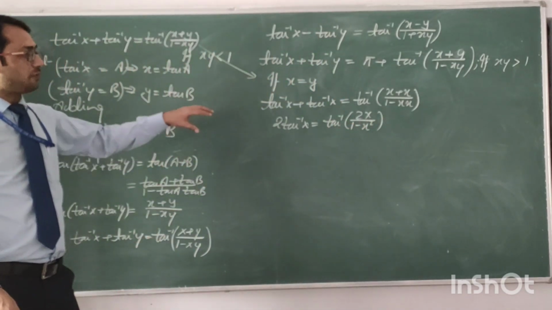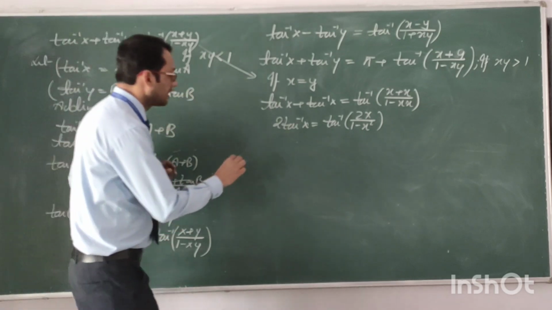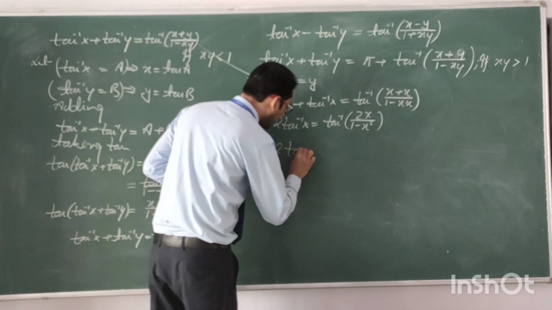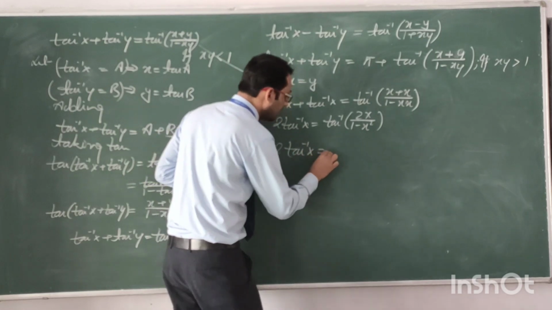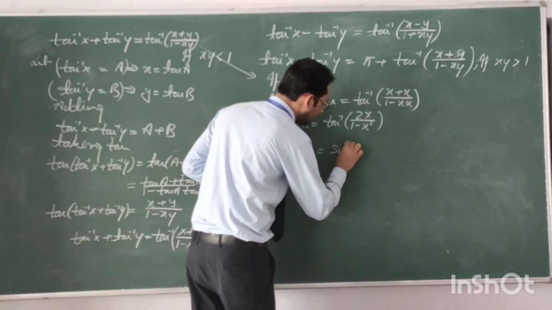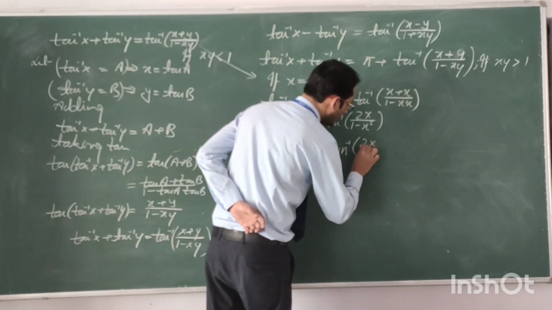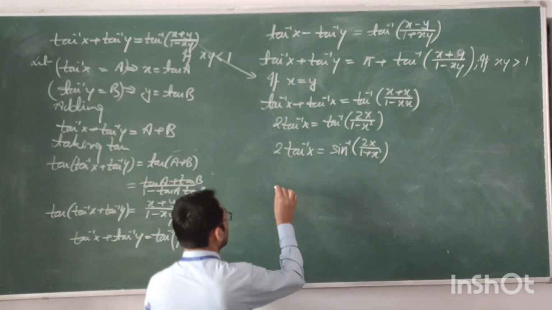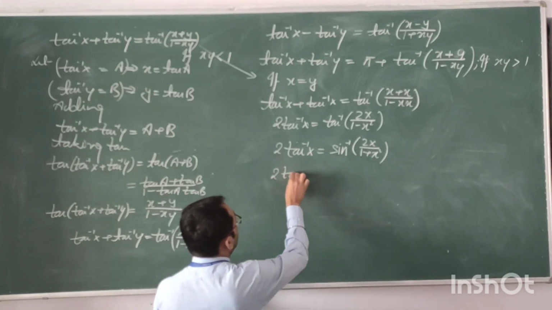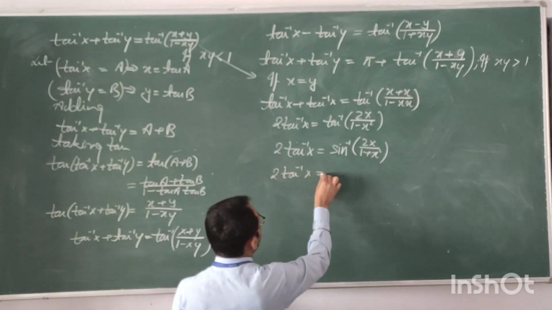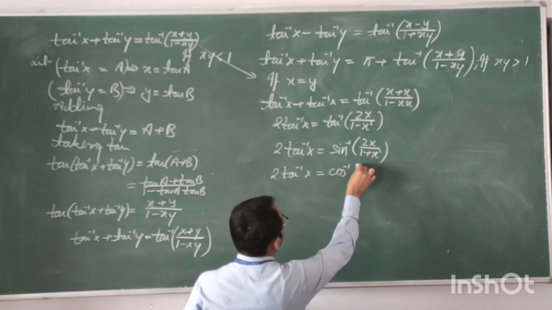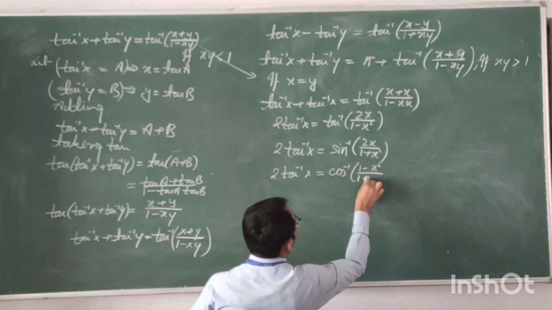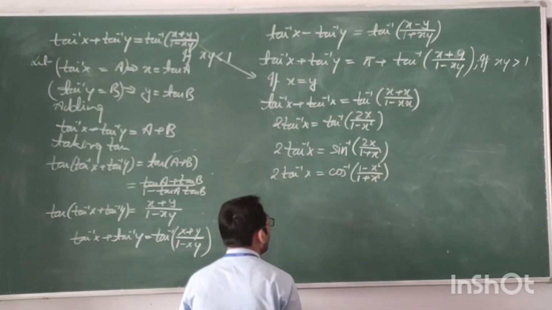If I want the same for sine, then 2 tan inverse x will be equal to sin inverse of 2x upon 1 plus x square, and 2 tan inverse x will be equal to cos inverse of 1 minus x square upon 1 plus x square.